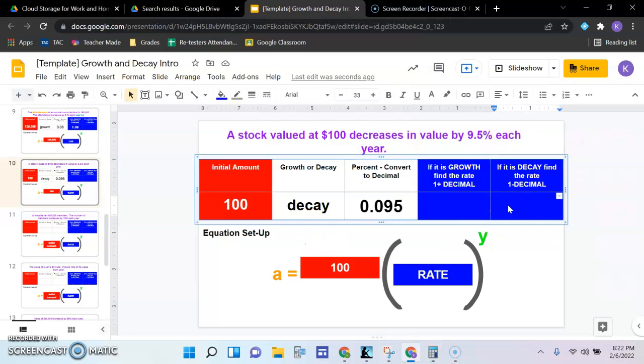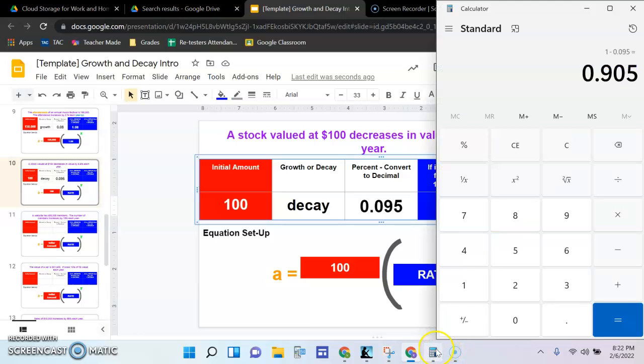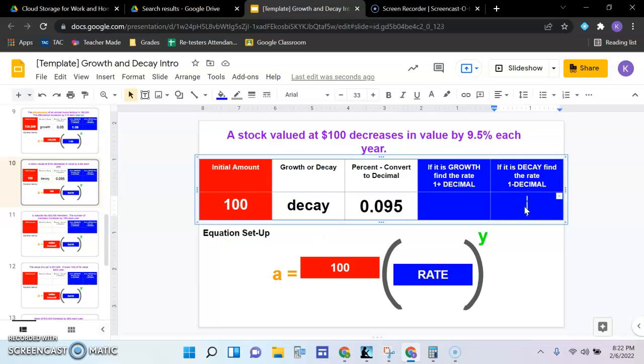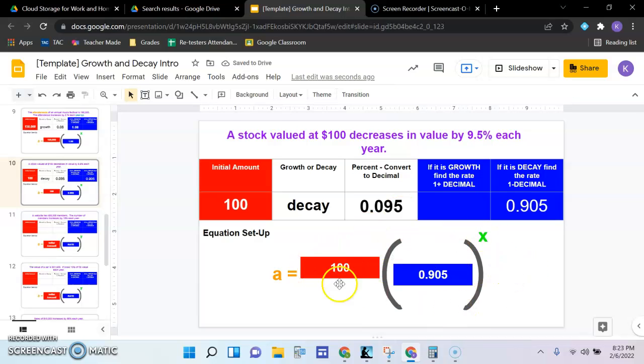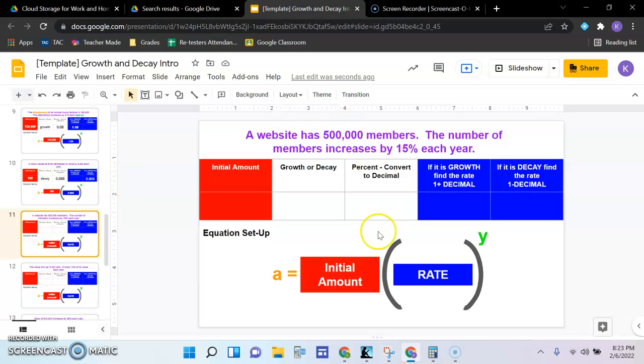We're going to put it right here, and that right here is our decay rate. So 0.905, and then again, this is always going to be to the x, and this is how we find our exponential function.